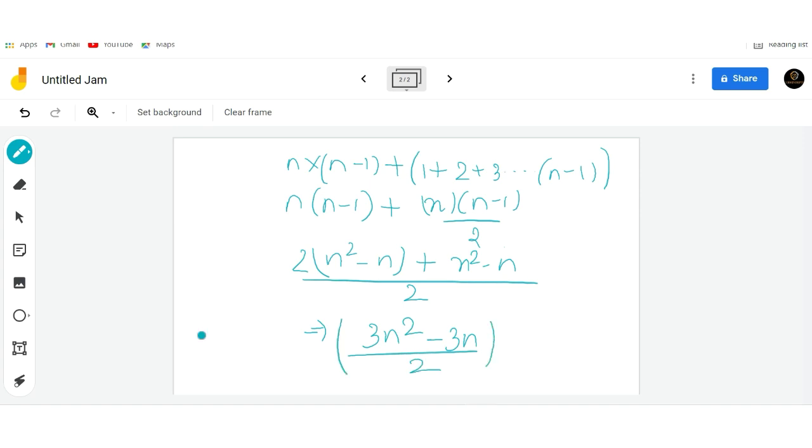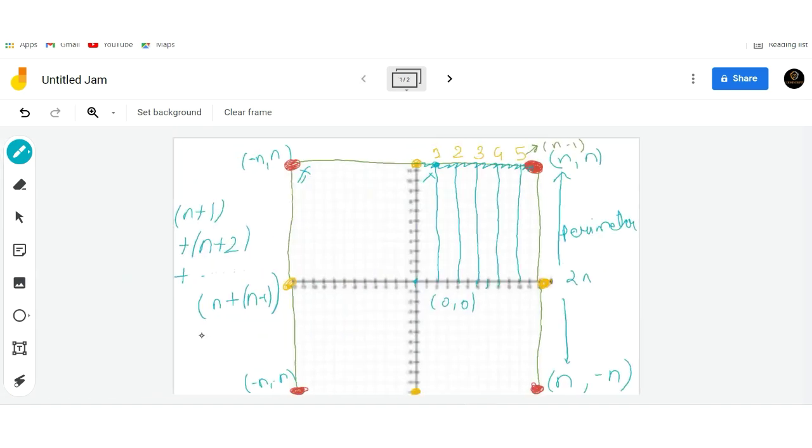And how many such edges are there? Here it is 1, this 2, 3, 4, 5, 6, 7 and 8. So there are 8 edges.